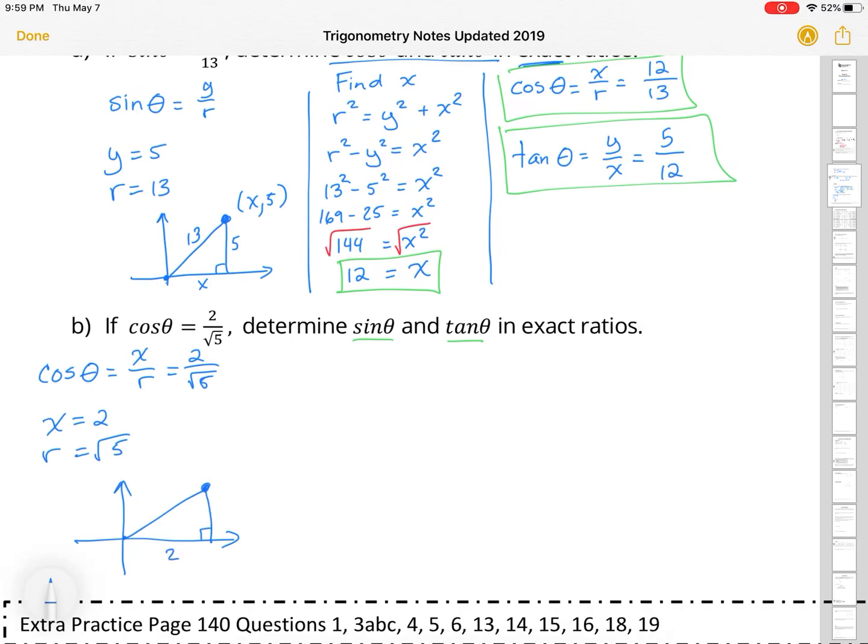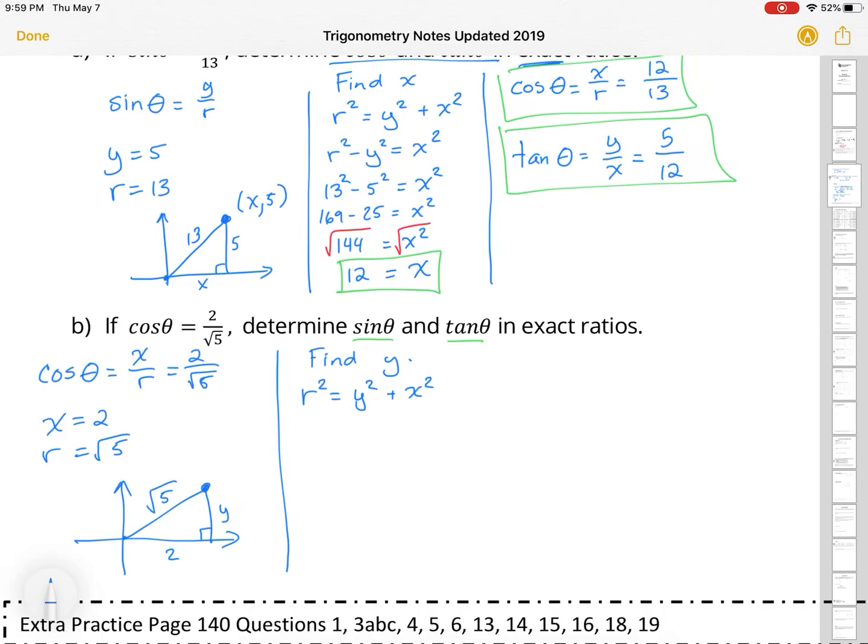So if we're looking at our terminal arm, I know that this would be 2, this would be √5, and we don't know what y is. So our first job is to use the Pythagorean theorem to determine what y is.